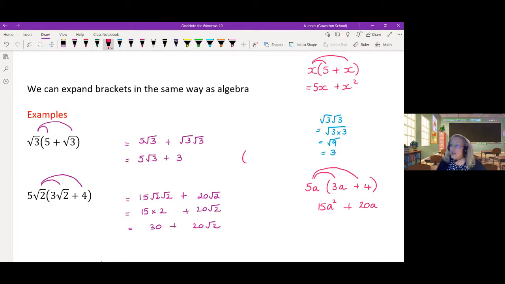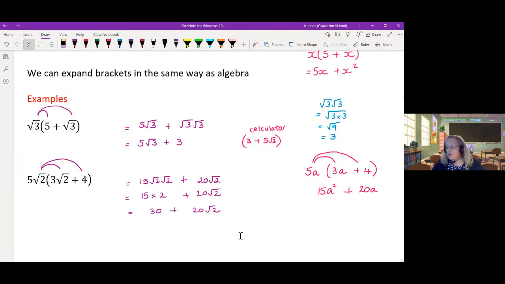So this one on a calculator would say 3 plus 5 root 3. It would just reverse the order around to put the whole number first, before the 5 root 3, if you were checking it on a calculator. So it's worth just knowing that your calculator does that.